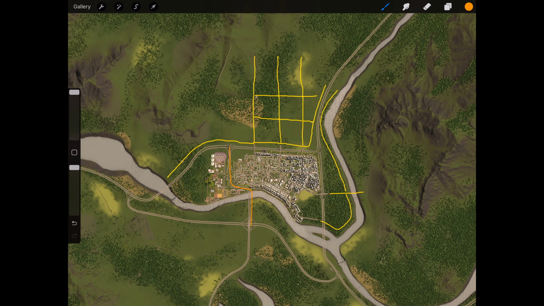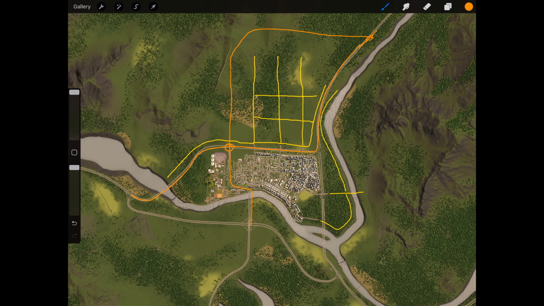So I'm drawing all the highways into my layout now as well, and I'm marking intersections with a circle, so that when I have a look at this drawing later on, I still have a full understanding of what I was actually intending to do there.